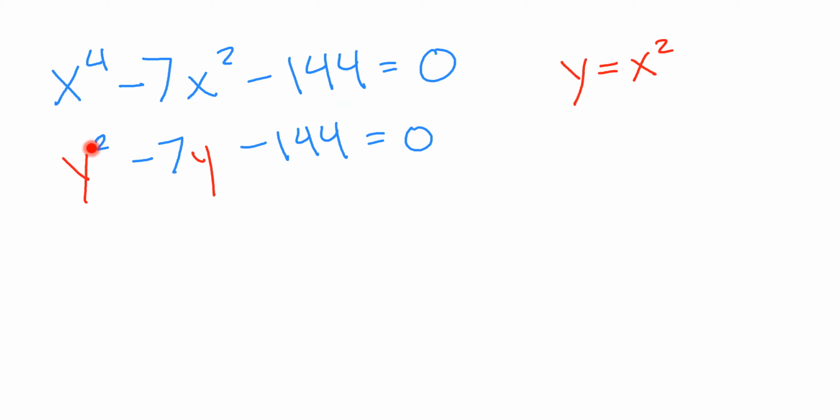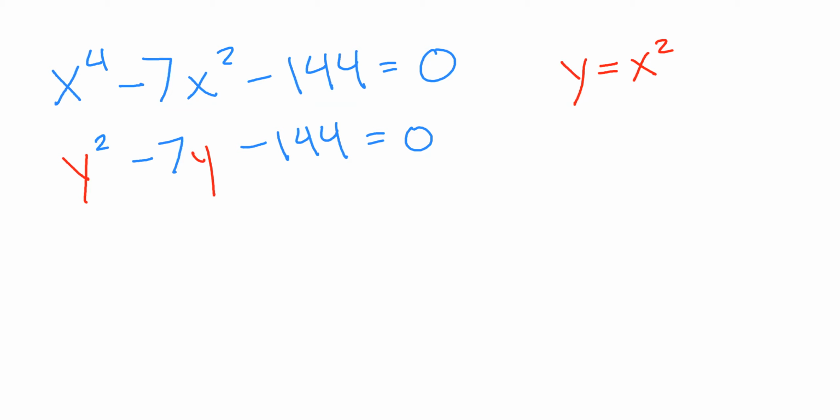All right. Now we actually do have a quadratic and we can solve this guy. So first step to solving quadratics, let's just see if we can factor, right? We need a number that adds to -7 and multiplies to -144.